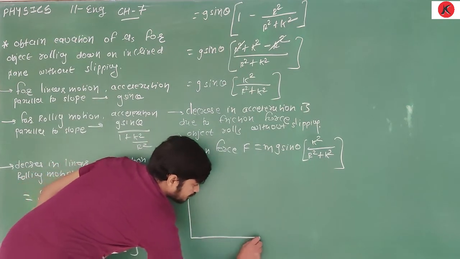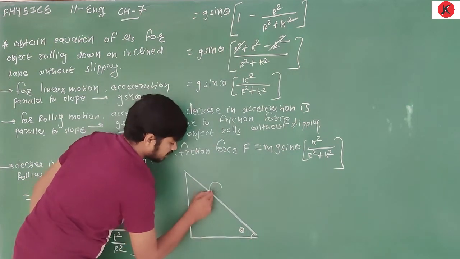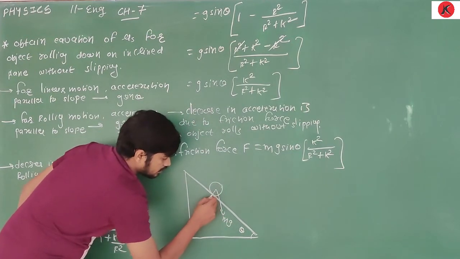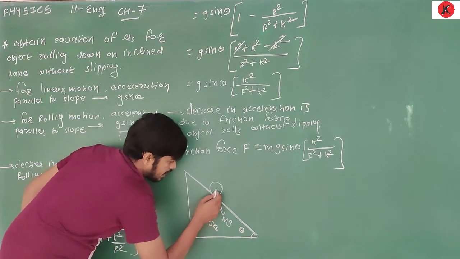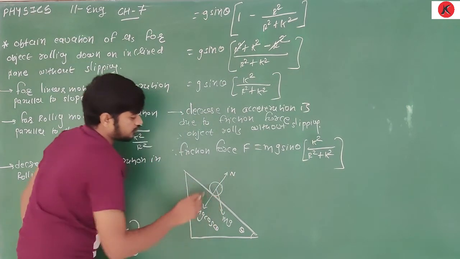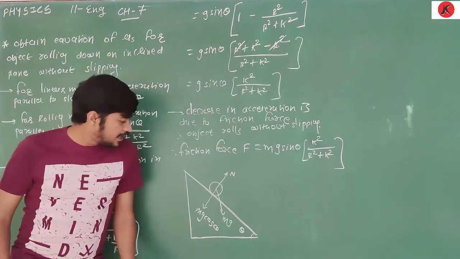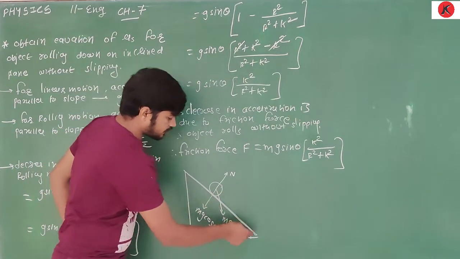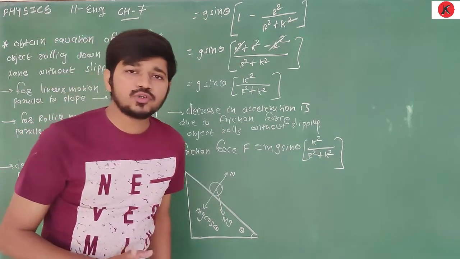Now, if the slope has angle theta and the object is rolling down, mg is always vertically downward. Here it is mg cos theta, and here it is the normal reaction. Yes, you know that. The object is rolling down parallel to the slope and is not performing any motion perpendicular to the slope.